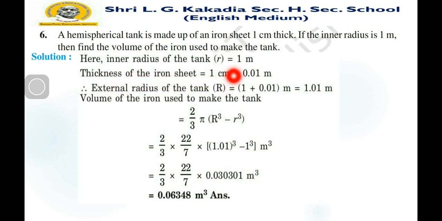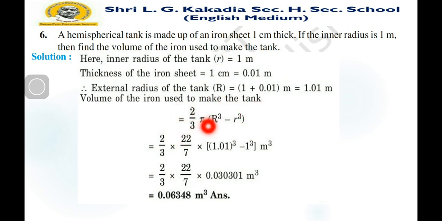Let me convert it in meter. So we divide 1 centimeter by 100. It gives 0.01 meter. So the external radius of the tank, capital R, is equal to 1 plus 0.01, which is equal to 1.01 meter.